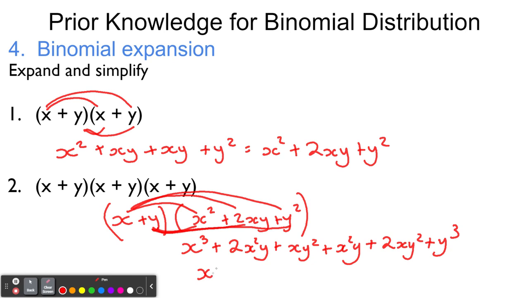And we're going to get x cubed plus, and then we've got 2x squared y and 1x squared y. So that's going to give us 3x squared y. Then we're going to get xy squared and 2xy squared gives us 3xy squared. And then we've just got the y cubed on the end there.